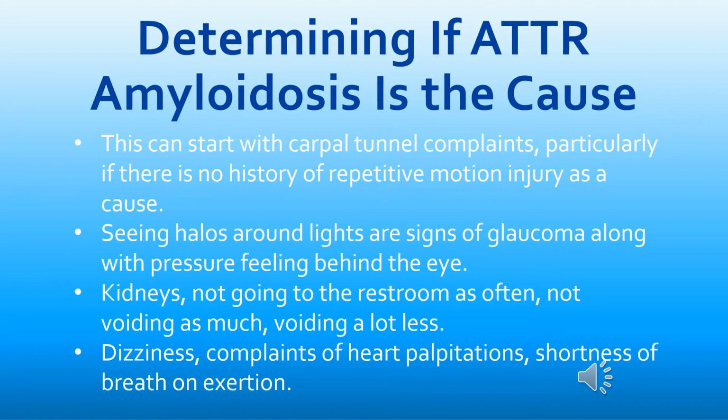So these are things that you're going to have to look for and take into consideration if you start seeing these things in your family members. And if they have a history of them, down through the ages, there may be a genetic problem that needs to be tested for.